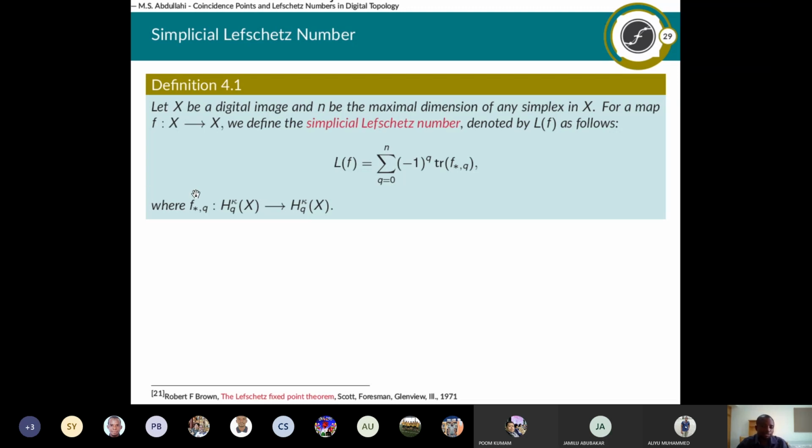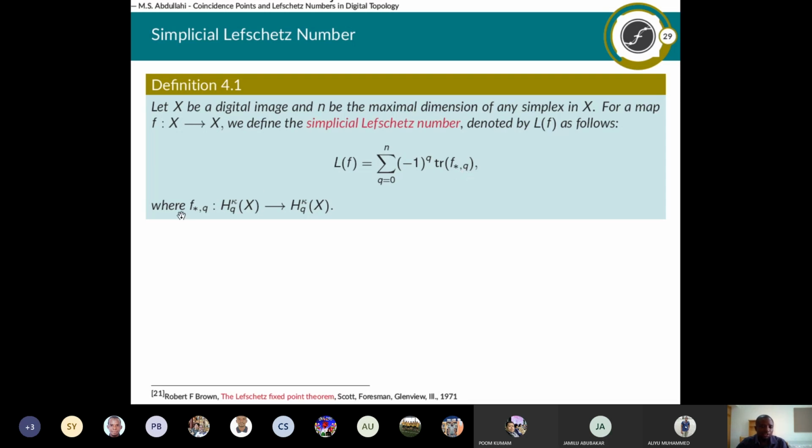What I mean by simplex is they are the building blocks of the digital image, where the 0 simplex is just a point, the 1 simplex is just an edge, and the 2 simplex is just a filled triangle. So this number is nothing but the alternating sum of the traces of the function f star q.